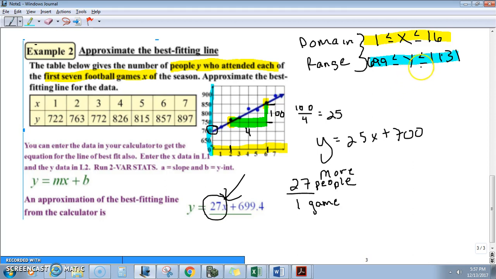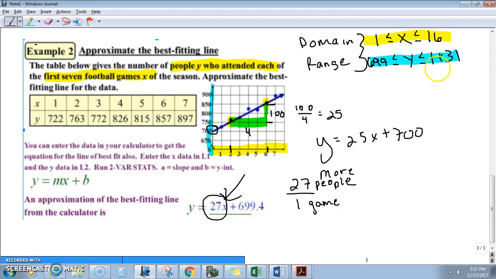So in the context of the problem, you can use this domain and this range. An easier way to do it is that you're never going to have any negative values. So if you wanted to say the domain and range would be all real, no, I'm going to leave it like this, because the stadium has a certain number of seats. So let's just stick with this.